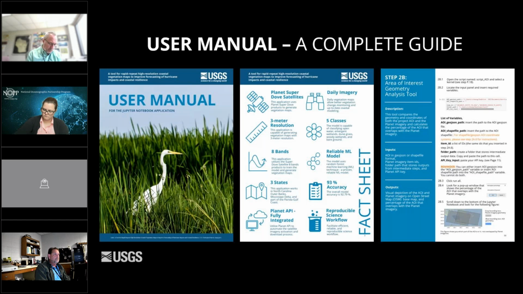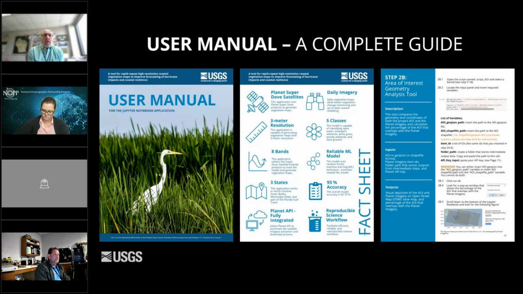And then there's a complete user manual that goes with that to help guide the user. There's a user interface, but because it is a Jupyter notebook application, it also allows customization and modification for the users that want that capability and have the knowledge to do that.